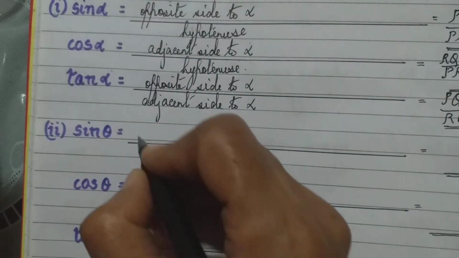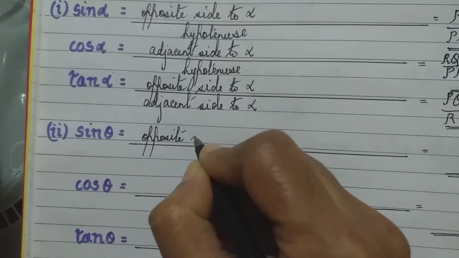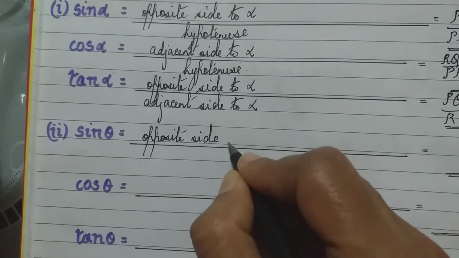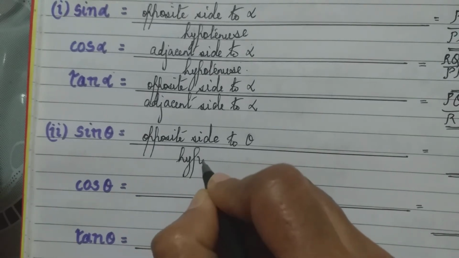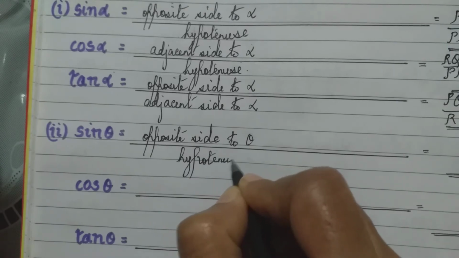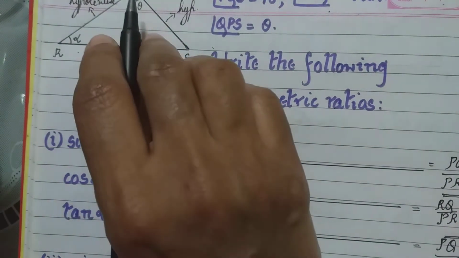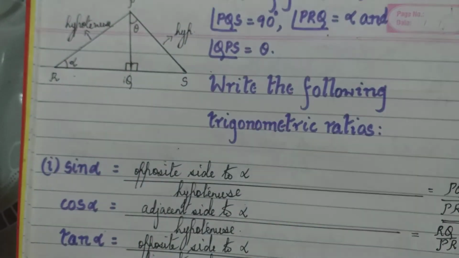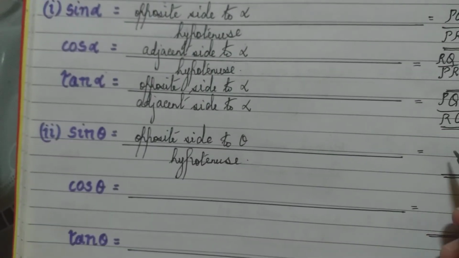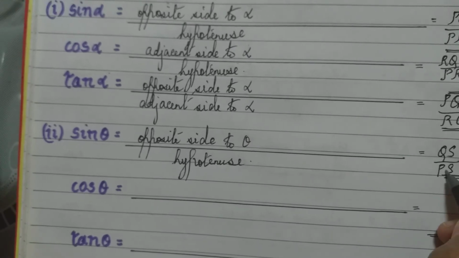So opposite side to theta upon the hypotenuse. So theta is here, opposite side to it is QS, hypotenuse is PS. So QS upon PS. So I write here QS upon PS.